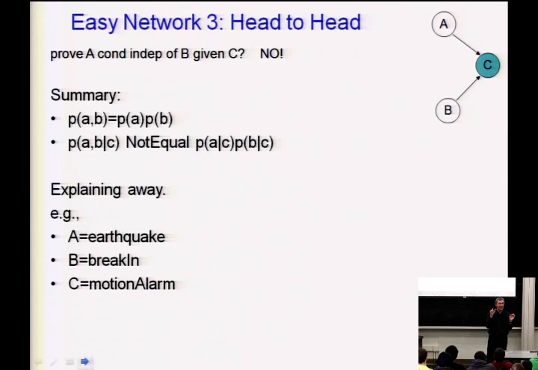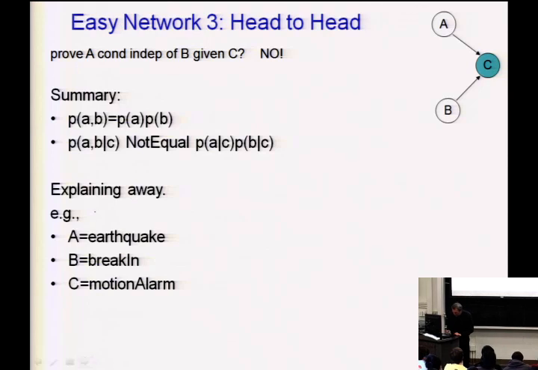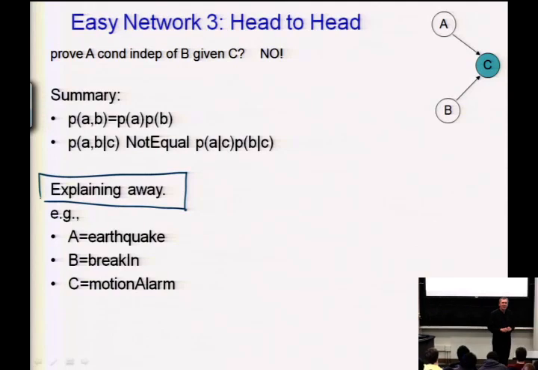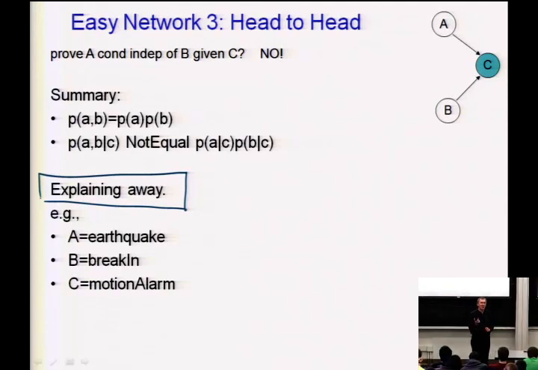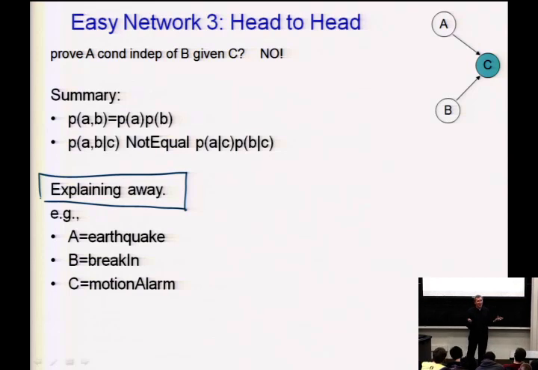Of course you do. Because if there's an earthquake, that's going to explain away your hypothesis that it could have been caused by the break-in. And so some people say that what's going on here in these collider subnetworks is that C, once we observe it, allows us to explain away one or other of the possible things that could have caused C, things that C depends on.